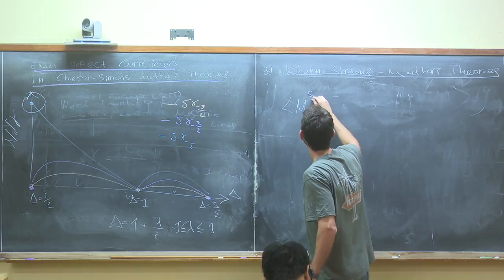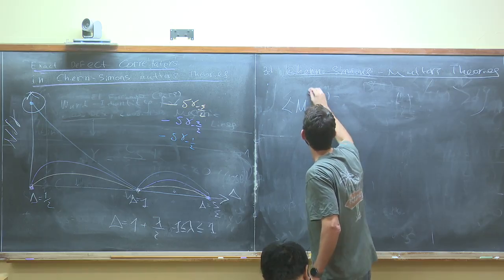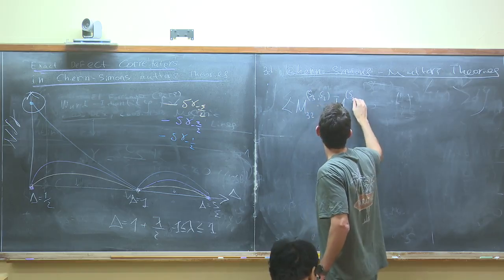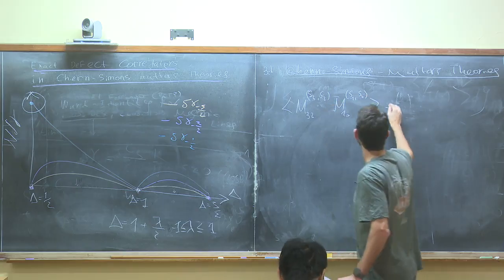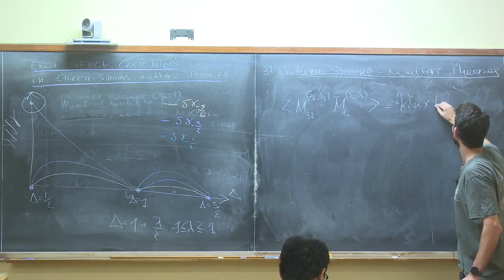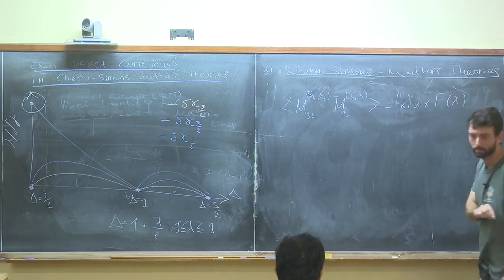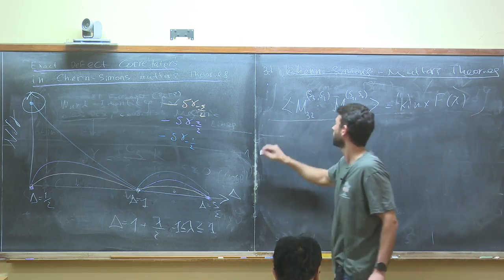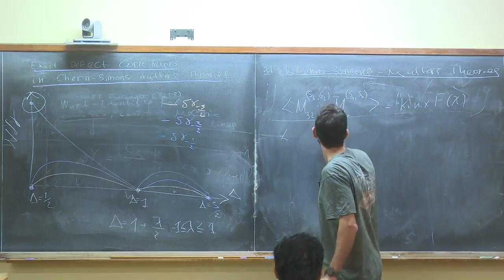I want now to bootstrap this correlation function. I want to determine this. This is some kinematical prefactor times f of chi, where chi is some cross ratio function. How do I do it? Well, very simple.